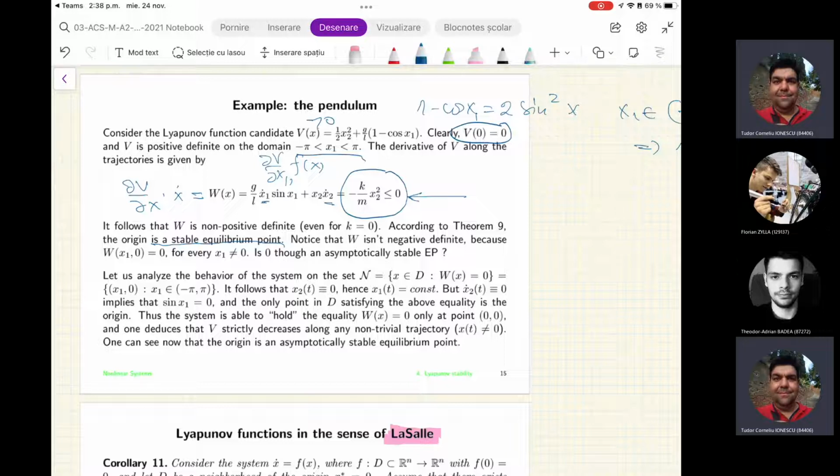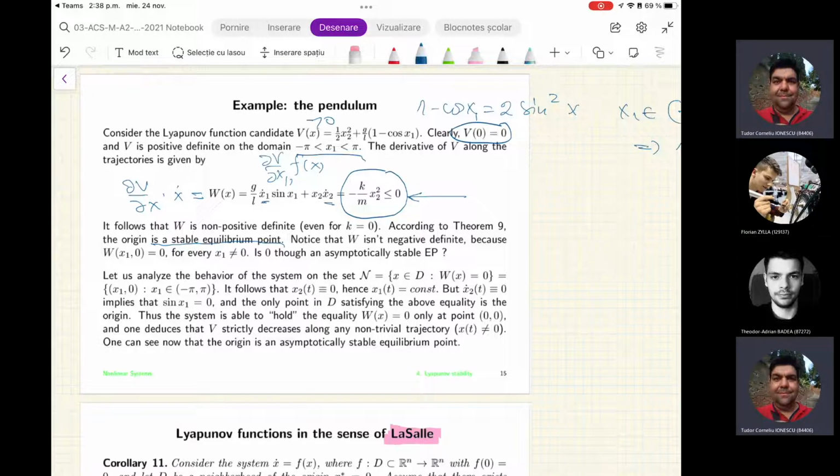But is this true? Let's analyze the behavior of the system in the set of solutions of the equation W(x) equal to 0. This is always possible for x1 between minus pi and pi, and x2 equal to 0.